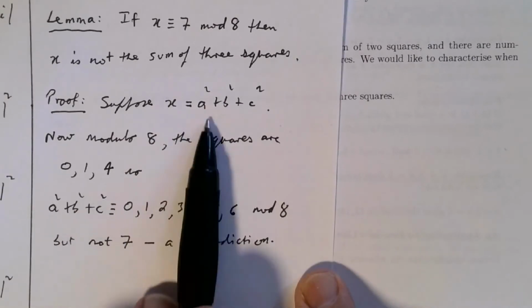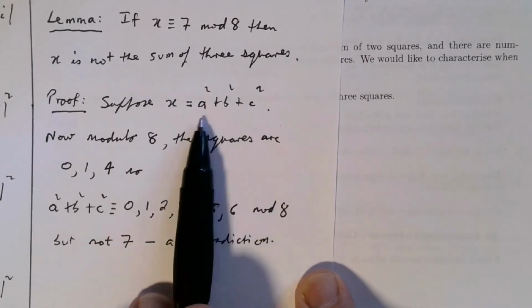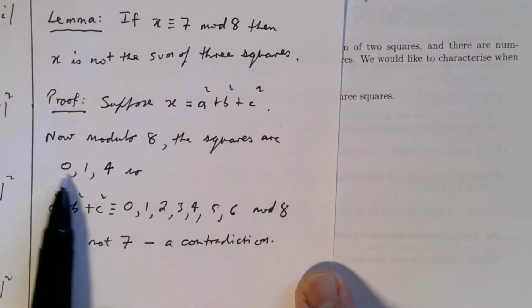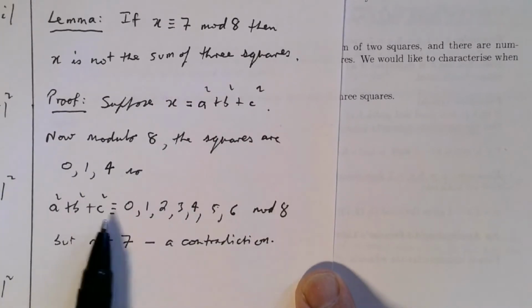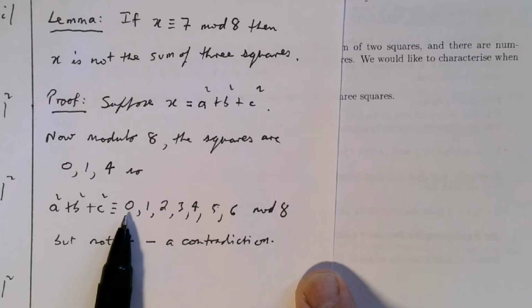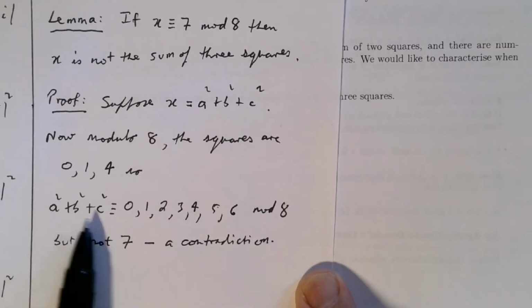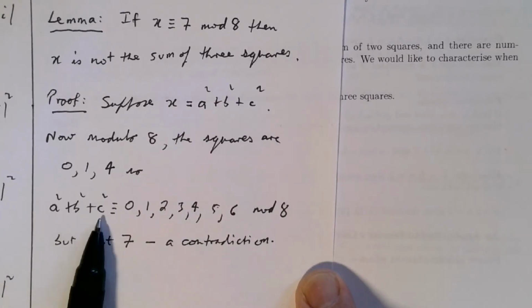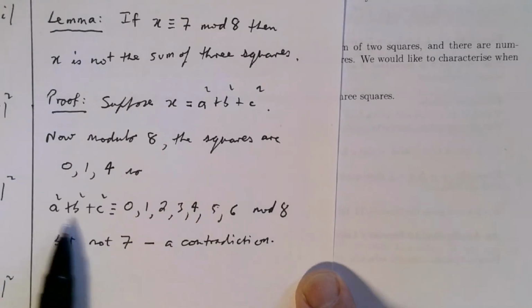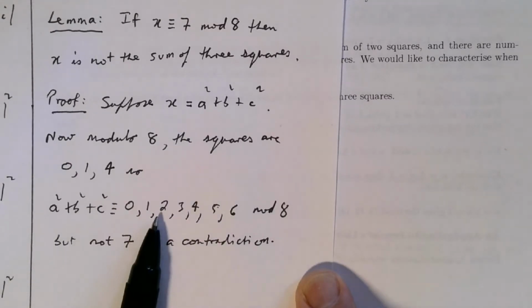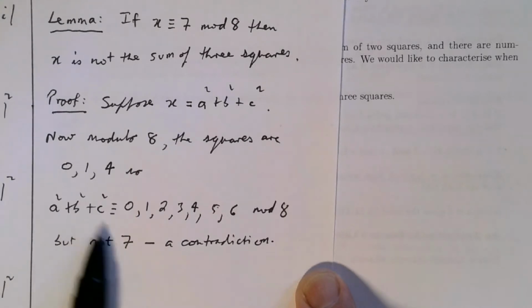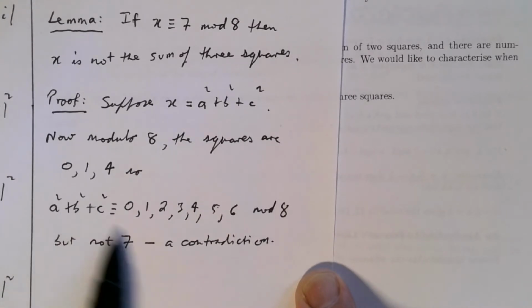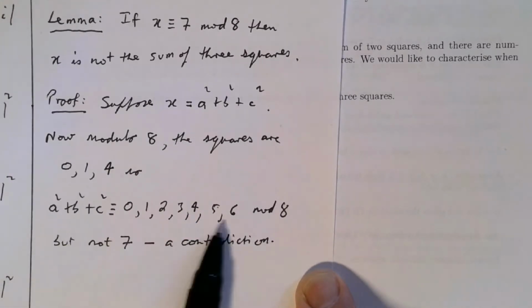So if you now try and pick 3 of these and add them together, well, you might pick 0, 0, 0. That'll give you 0 mod 8. You might pick 0, 1, 0. That would give you 1. You might pick 1, 1, 0. You get 2. You can pick 1, 1, 1. That gives you 3. 4, 0, 0 is 4. 4, 1, 0 is 5.